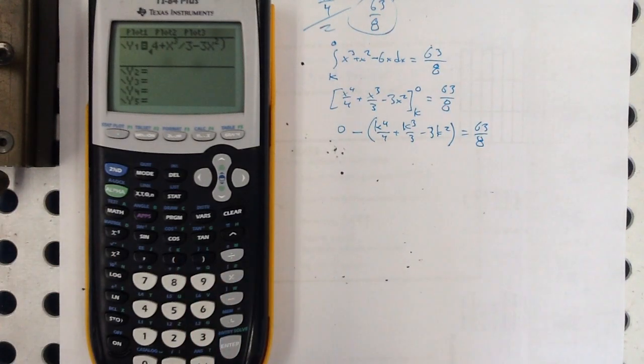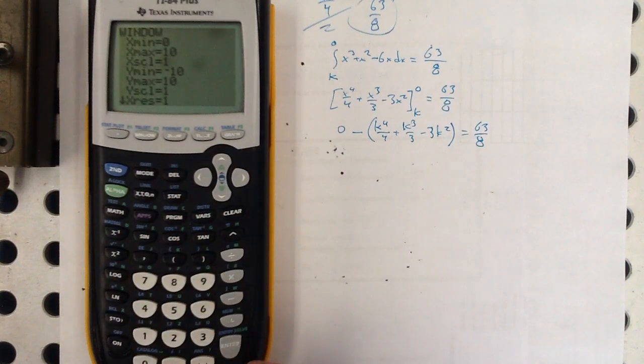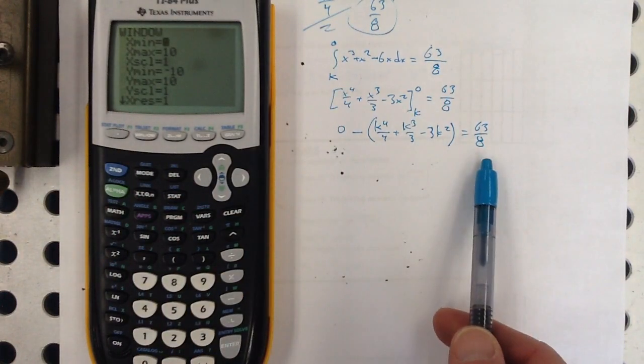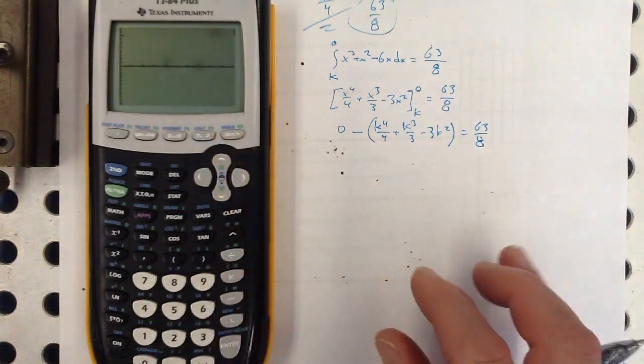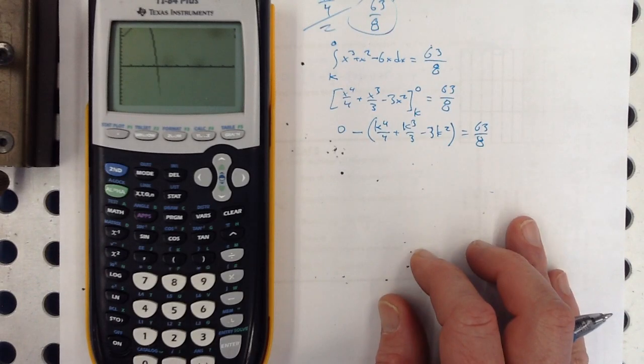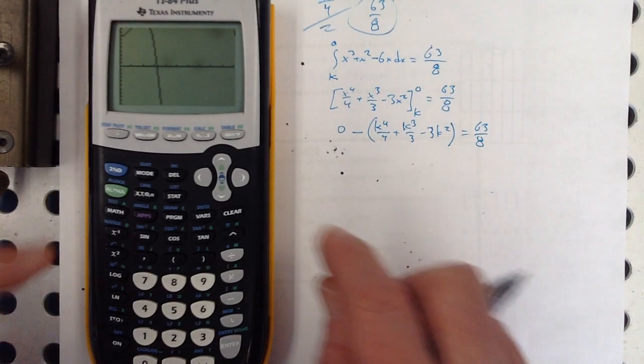I think that looks good. I don't know, my window is set at 0 to 10, that is what we're looking for, between 0 and 10. I think it is. There it is. 3 and change.